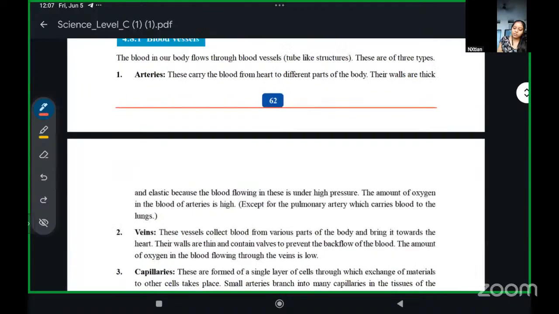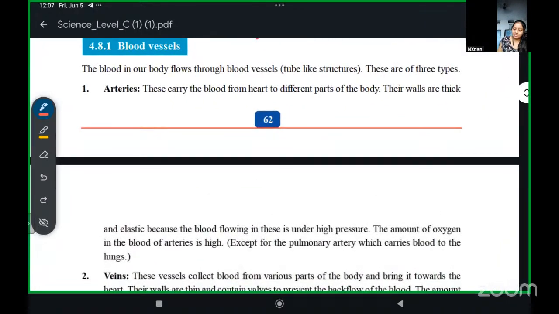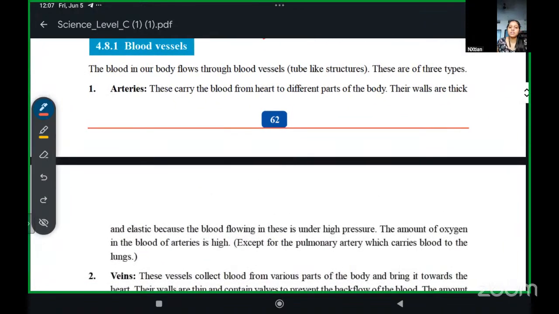Now come to blood vessels. We know that the blood doesn't just flow in a bulk or in a chunk in our body. We have small tubes, long tubes in our body in which the blood flows.